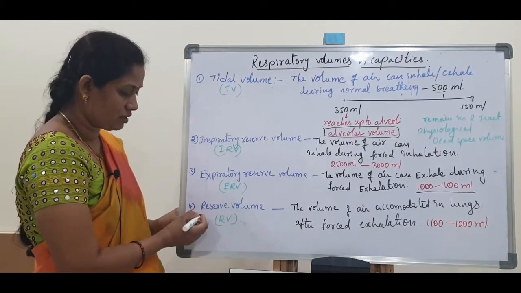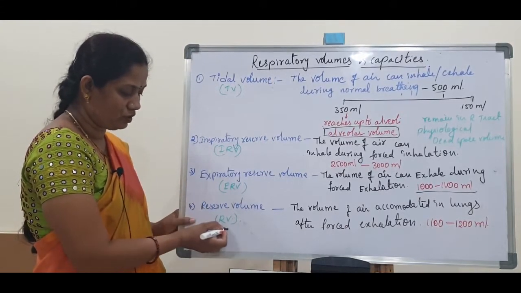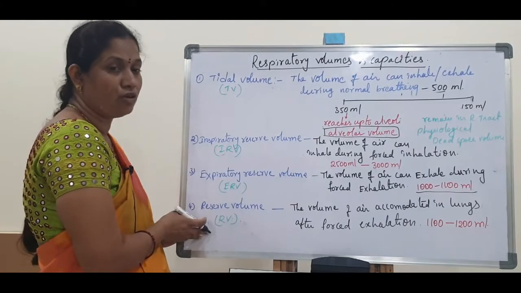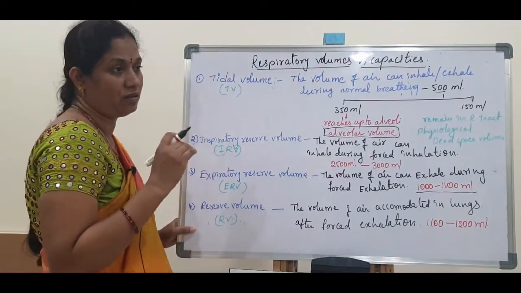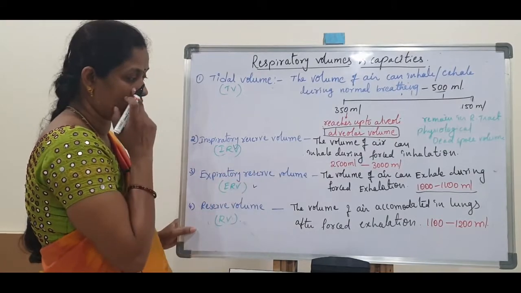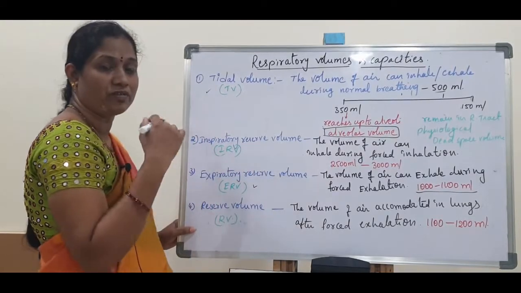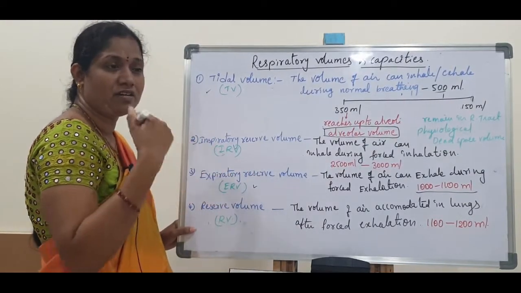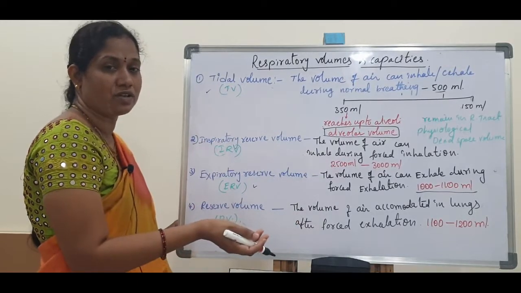Next, residual volume or RV. Residual volume means what remains after forcible expiration. During exhalation, first the tidal volume is released to the outside.